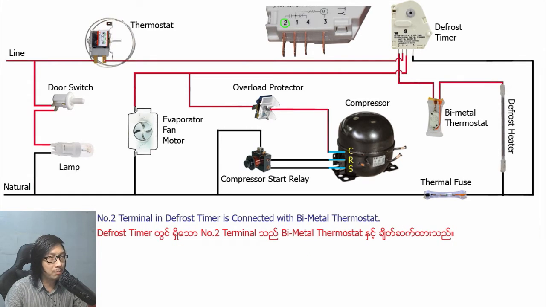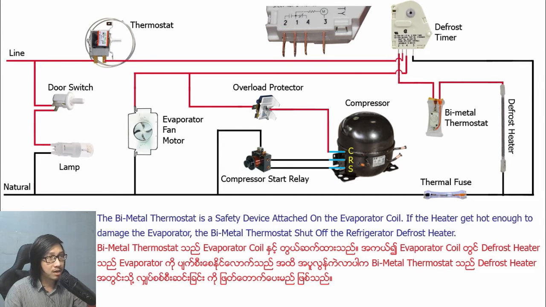Number 2 terminal in the defrost timer is connected with the bimetal thermostat. The bimetal thermostat is a safety device attached on the evaporator coil. If the heater gets hot enough to damage the evaporator, the bimetal thermostat shuts off the refrigerator defrost heater.